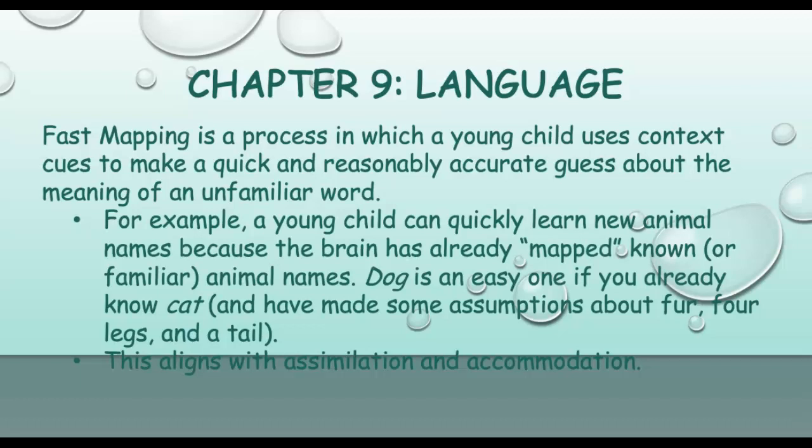Dog is an easy one. If you already know cat, then you're making the assumption of fur, forelegs, and tail. So in place of what the child is looking at, dog, but a child is most familiar with cat, they may interchange those terms. Okay? This aligns with assimilation and accommodation, which we have talked about before.